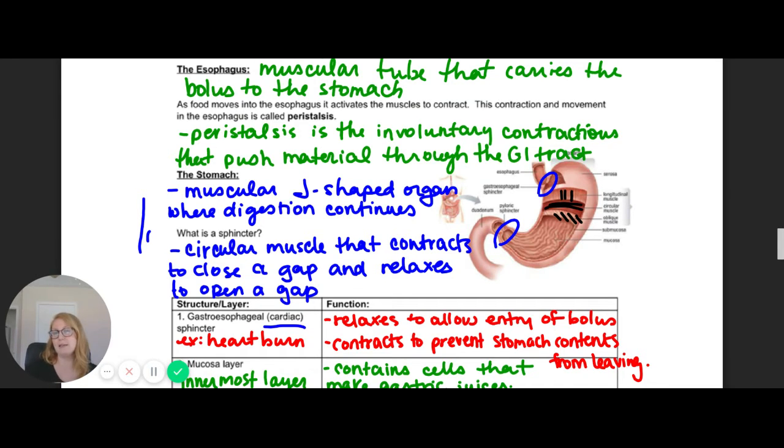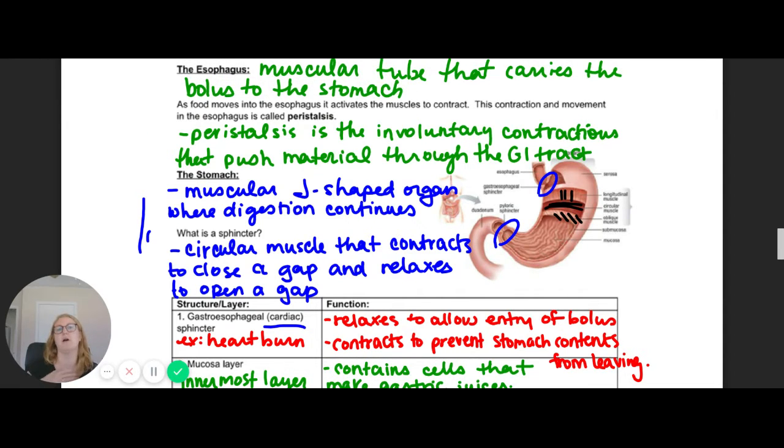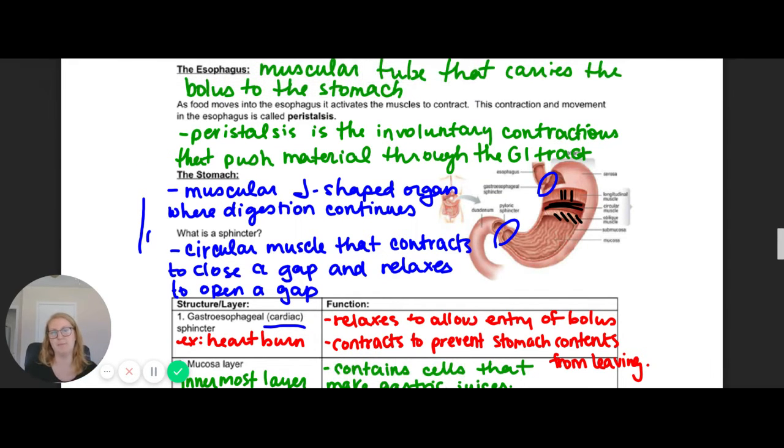So any involuntary contractions that we have there, the first one starts off in the esophagus, I cannot think about actually pushing that down. That happens involuntarily. Also happening in the stomach, also in the intestinal tract, in the small and large intestine. Those are all called peristalsis. Okay, it's involuntary contractions pushing things along.